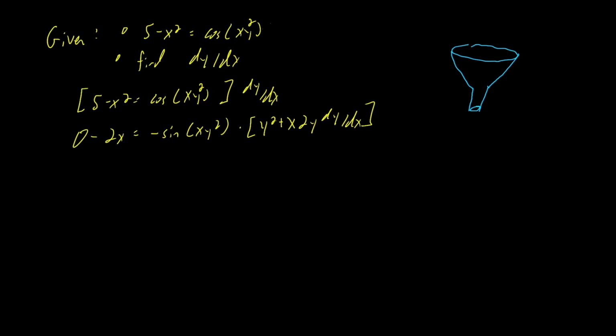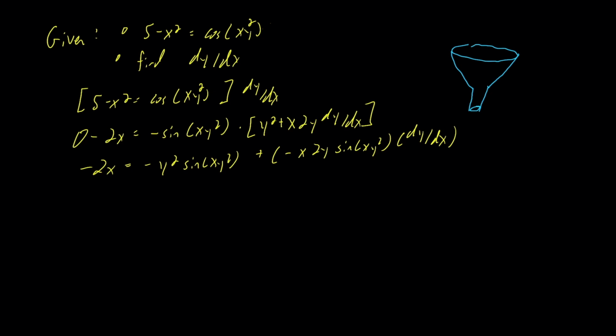So what that means is you take the derivative of cosine, which is negative sine of whatever is within the parentheses, and after that you apply the product rule for x times y squared. And yes, we are still going to have to include the dy/dx as a means of implicit differentiation.